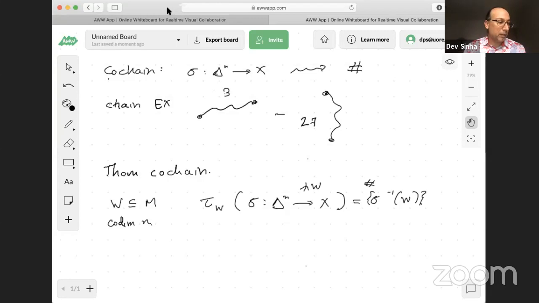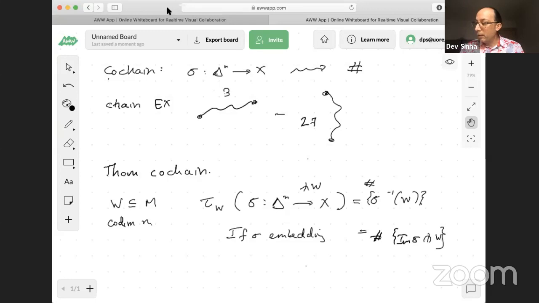Of course, now we want some transversality here. As I said in the announcement, we were going to use differential topology a fair amount. And if sigma is an embedding, this is equal to just the count of the image of sigma intersected with W, and again, with some transversality. So what's the first example, my favorite example?